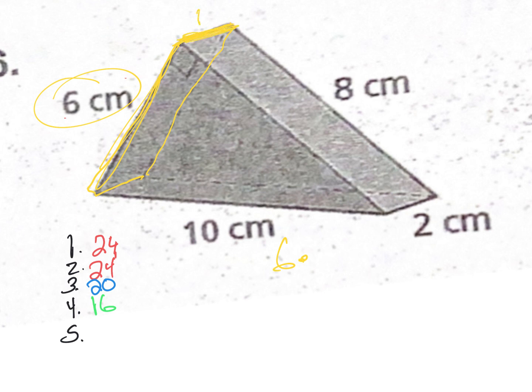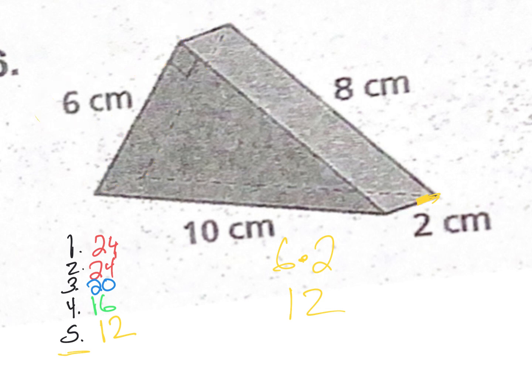Well, it doesn't say what that is, except for I know that this is 2. And if that's 2, this is 2. So it's a 2 by 6. Or 6 by 2. You multiply those together, you get 12. So that's a 12. Okay, now do I have any other numbers? Nope, I got all 5, which means I have all of the faces.